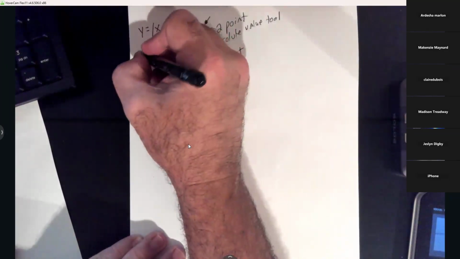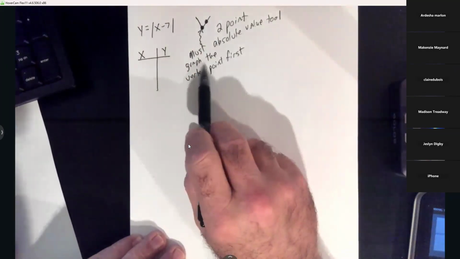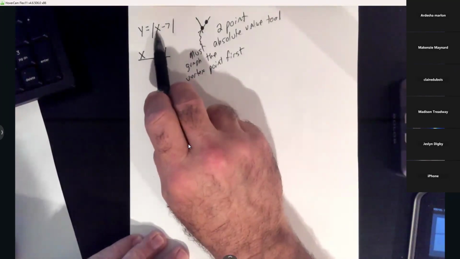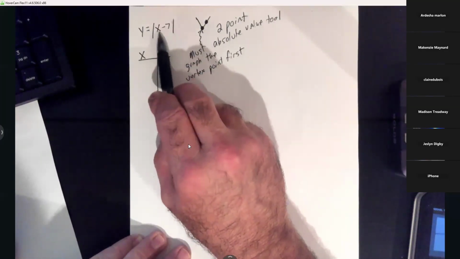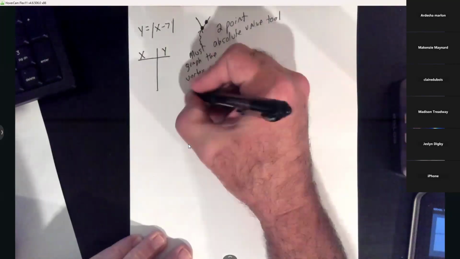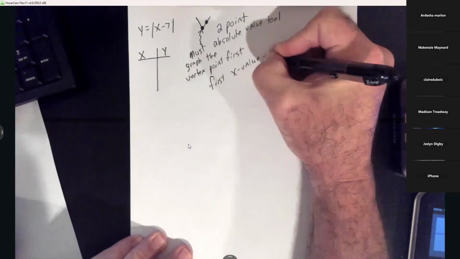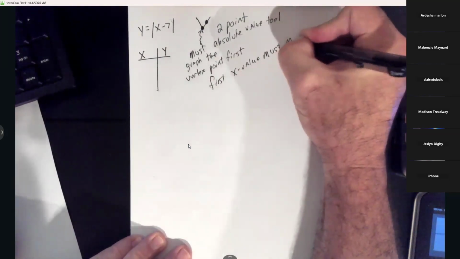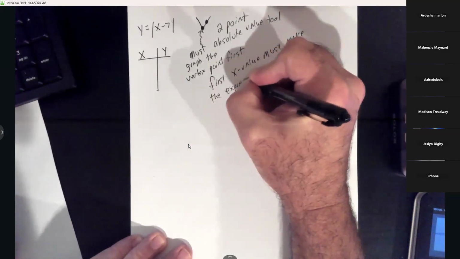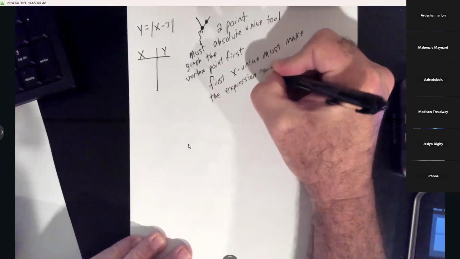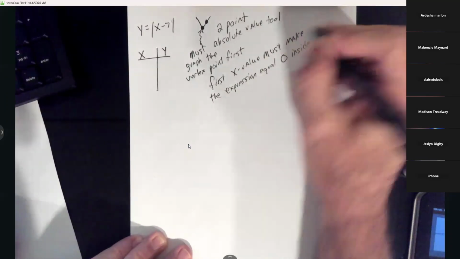Now, what you'll do, this point will be whatever number makes this equal 0 in here. So the first x must make the expression equal 0 inside the absolute value.